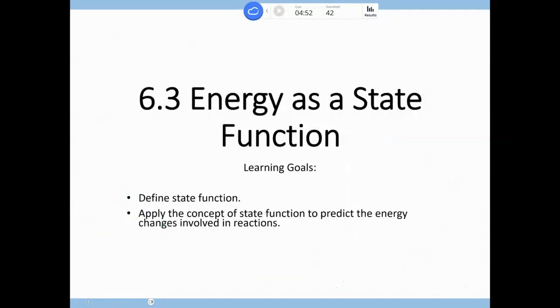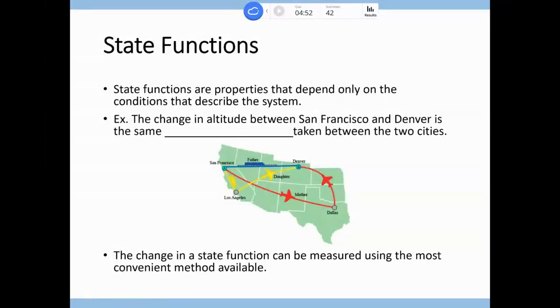Okay. Being more and more detailed for understanding of energy. So energy is defined as a state function, and we'll talk about what that means in this section, and that will come into play when we do some calculations. So state functions are properties that depend only on the conditions that describe them, not on the pathway to obtain certain conditions.